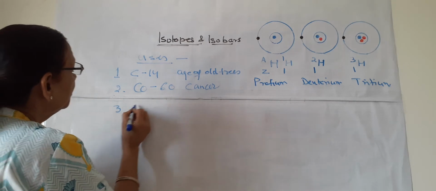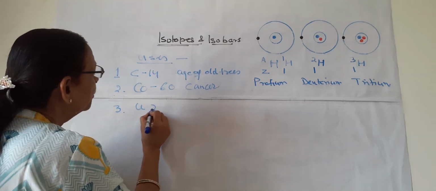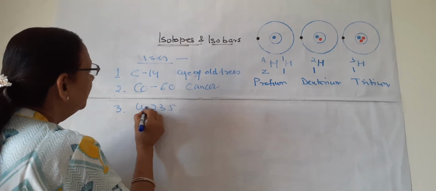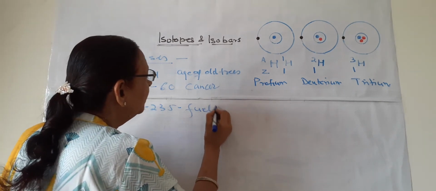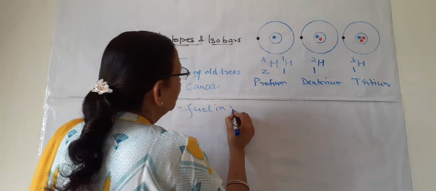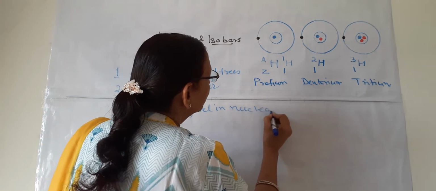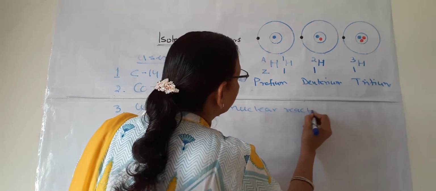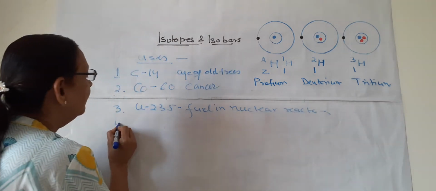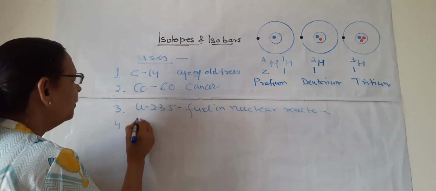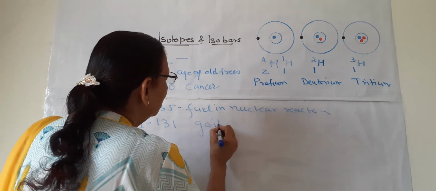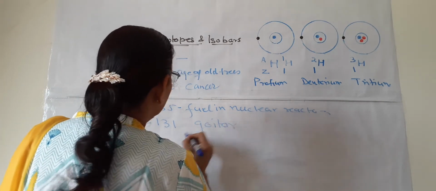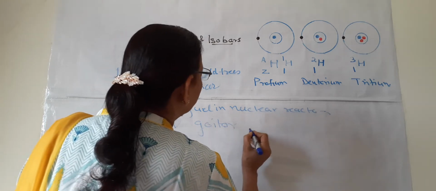Then uranium-235 is used as fuel in nuclear reactors. Then again, iodine-131 is used as a medicine, as a treatment for goiter.